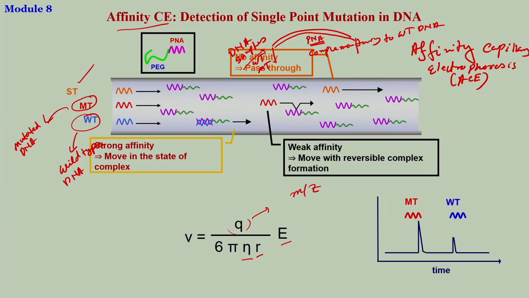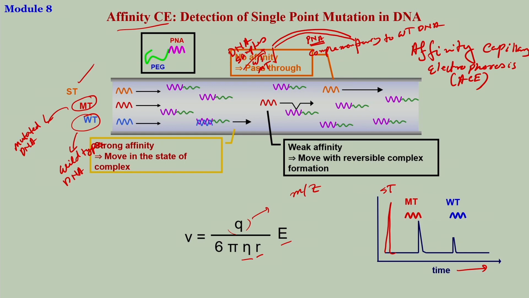This is how it will look like. So, ST would come here at the very beginning, this is the time. So, scramble sequence would appear at the very beginning unhindered, then comes the mutant, then will be your wild type DNA.